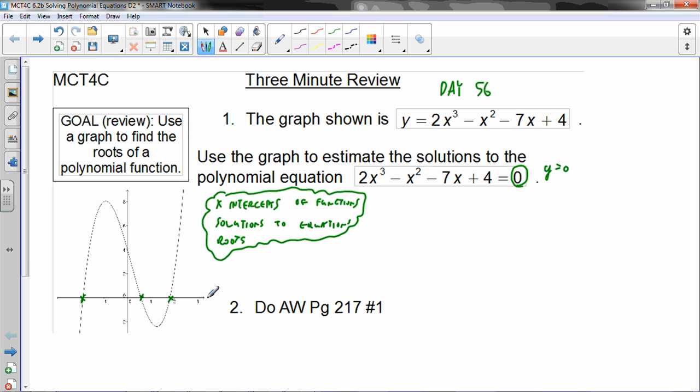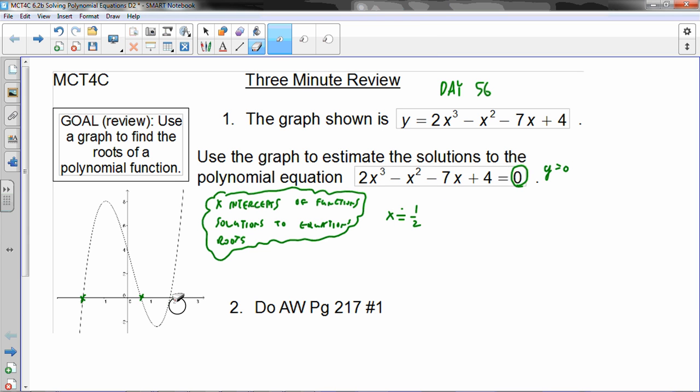So notice all we have to do is read off the graph what the x-intercepts appear to be. And the x-intercept looks like it's going to be at a half, looks like it's going to be at maybe almost 2.